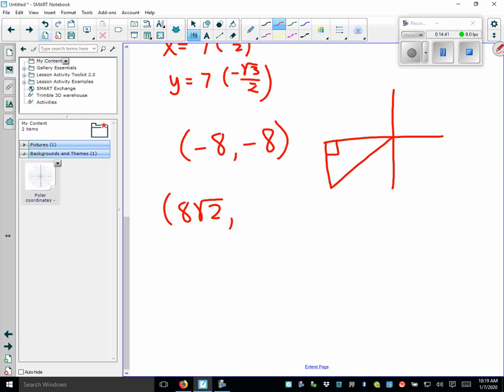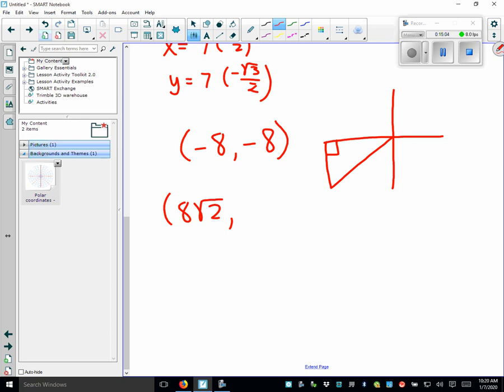So is there one of these like degrees or radians? I'll take them either way. This is where I was stuck. How do you go which quadrant?